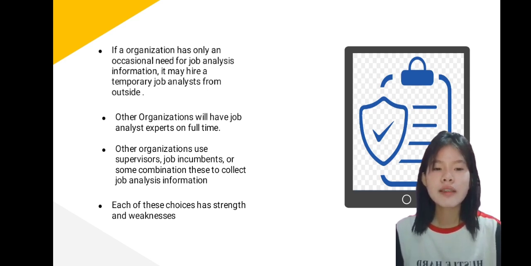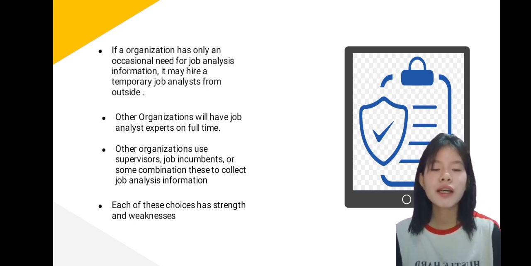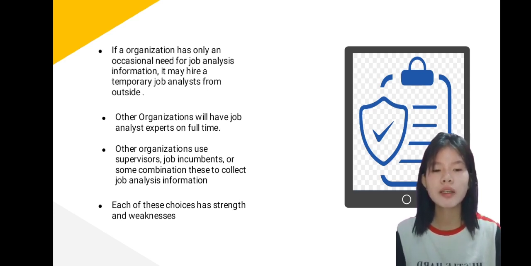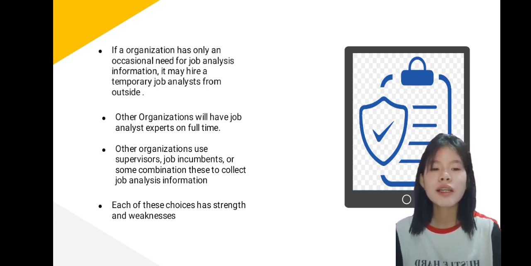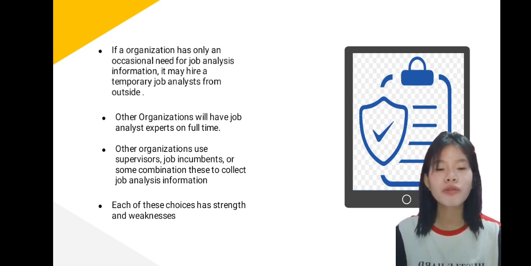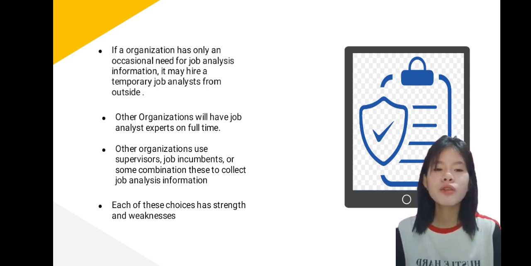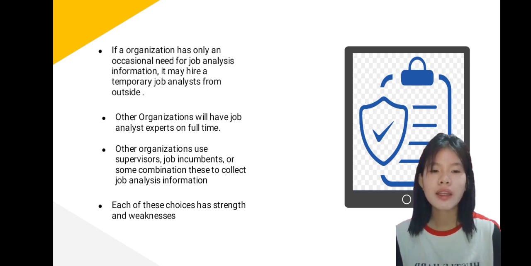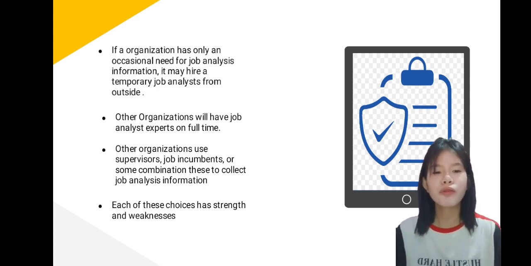In the first sentence, it says an organization has only an occasional need for job analysis information, and it may hire a temporary job analyst from outside. But in the second sentence, it says that organizations will have job analyst experts on full-time. So there are two words that indicate this in the first sentence: temporary and occasional.